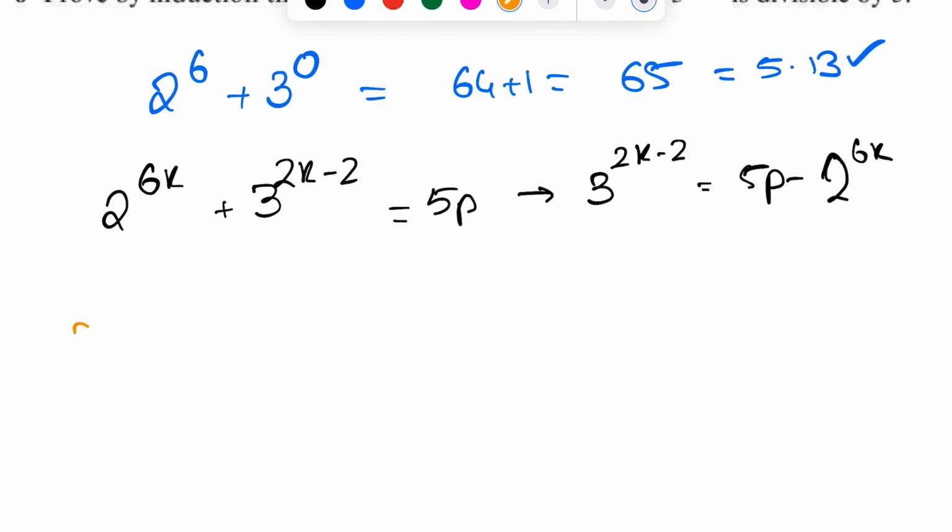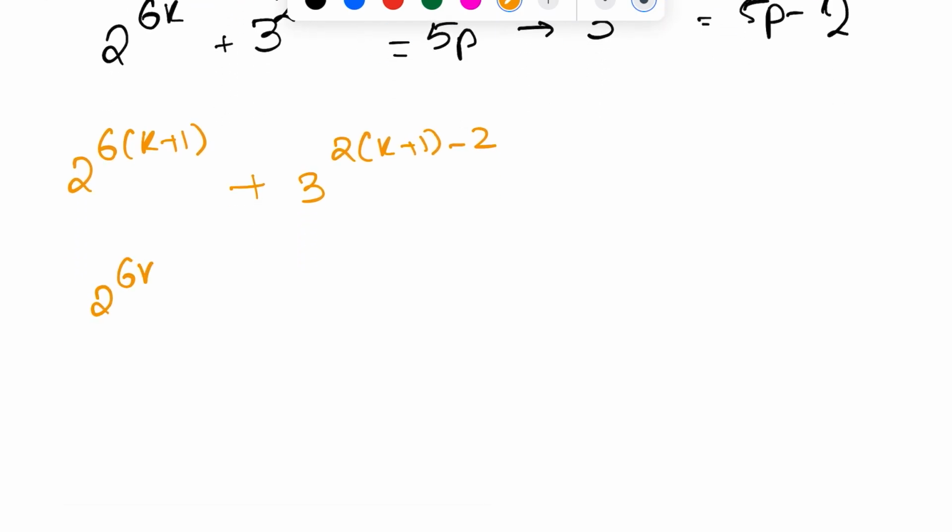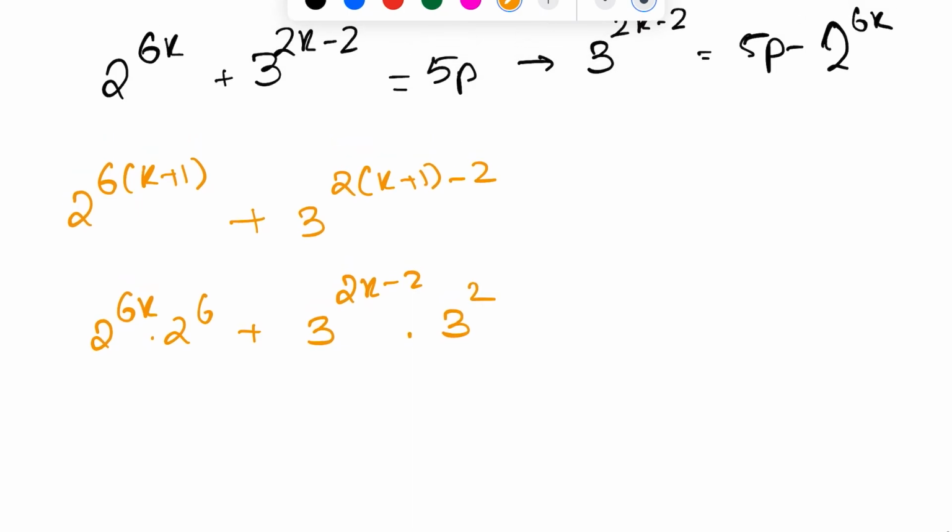So it is true for n equals to k plus 1 has to be proved. 2 power 6 times k plus 1 plus 3 power 2 times of k plus 1 minus 2. So 2 power 6k times 2 power 6 plus 3 power 2k minus 2 times 3 power 2. So when I do that, it should be in that way.